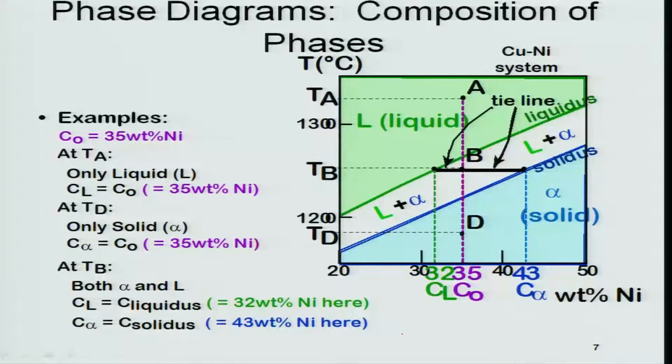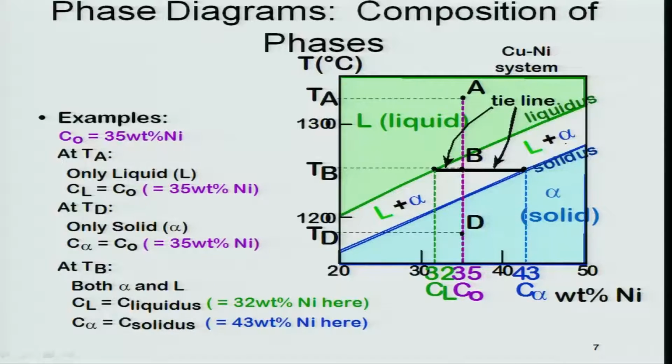So obviously, to know that, we should know how to apply the lever rule, and this again I discussed in the last class. The lever rule is very simple. Suppose I have to calculate the amount of the phases liquid and alpha in the two-phase field inside the separate region.